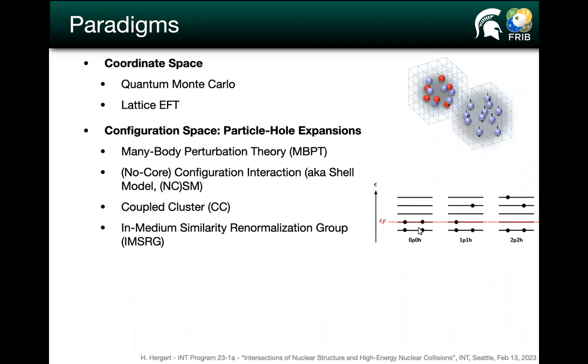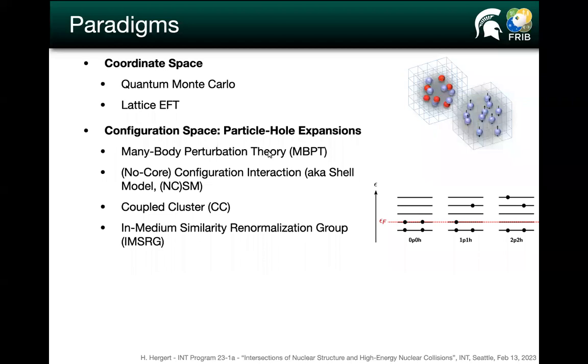You take the simplest many-body state that you can build for fermions, which is a Slater determinant. You populate all the levels in your single-particle space up to the Fermi energy, and then you can build particle-hole excitations on top of this state. One particle one hole, two particle two hole, by just promoting particles from below the Fermi surface to levels that were previously unoccupied above the Fermi surface.